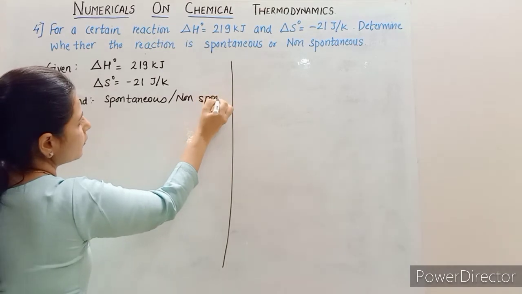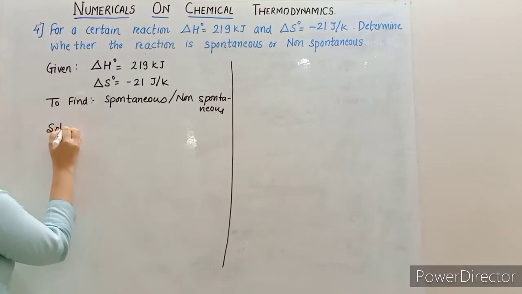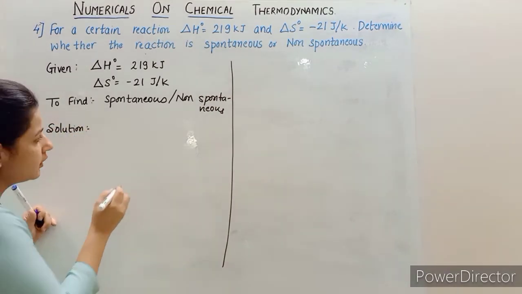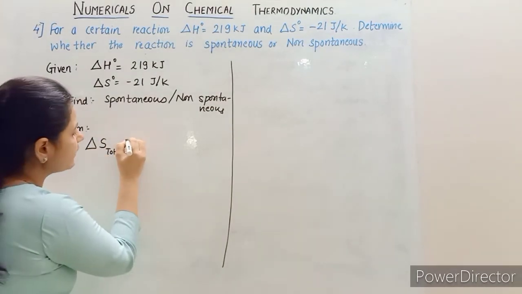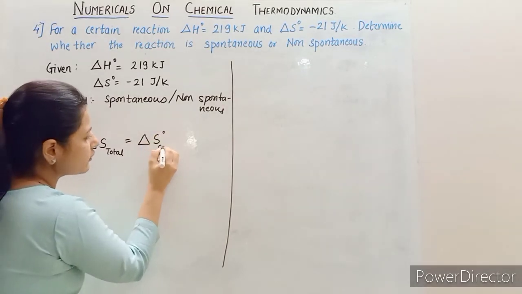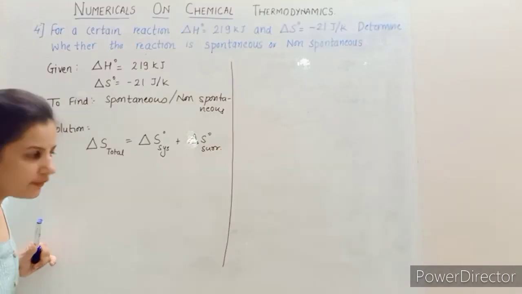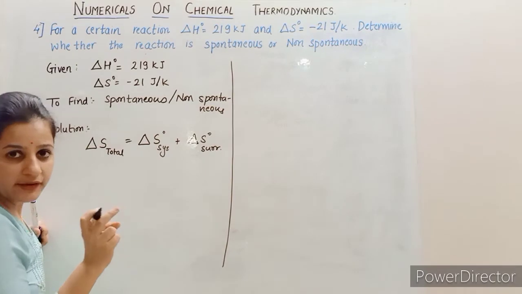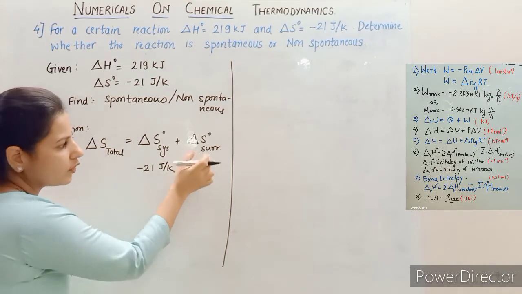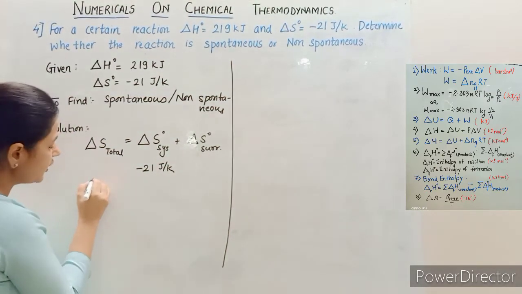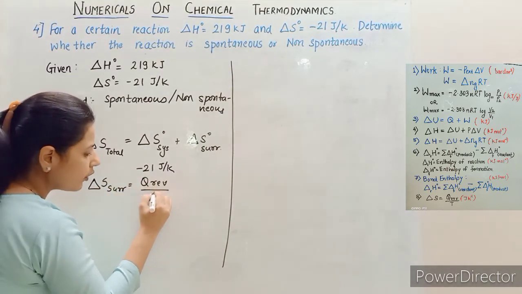Now solution: we have to compute delta S total, and delta S total is delta S for system plus delta S, or entropy change, for the surrounding. The system is already given, minus 21 joule per Kelvin, but delta S for surrounding we don't know. We know that delta S for surrounding is Q reversible upon T.